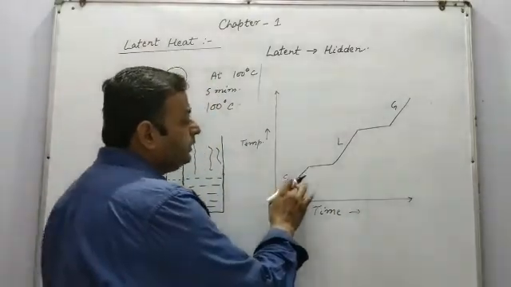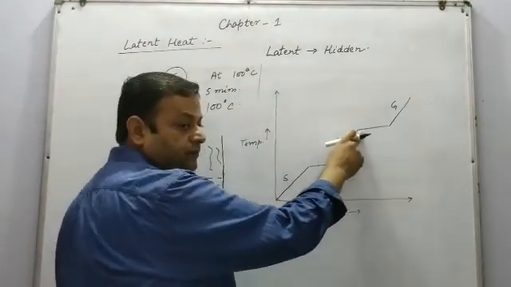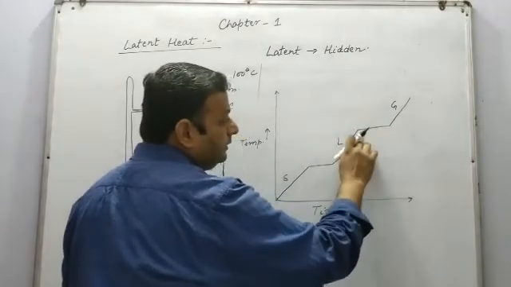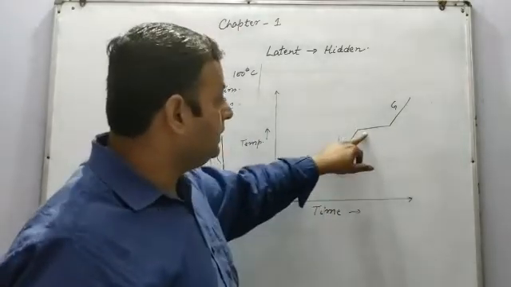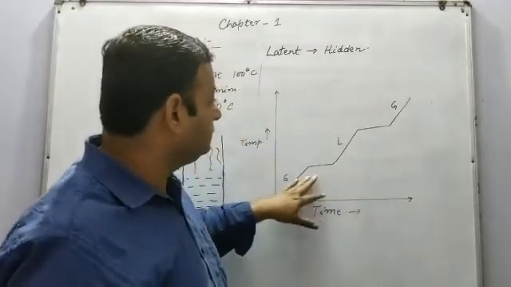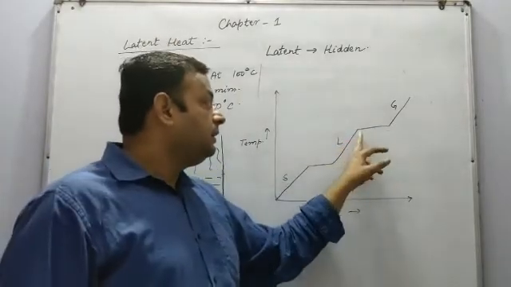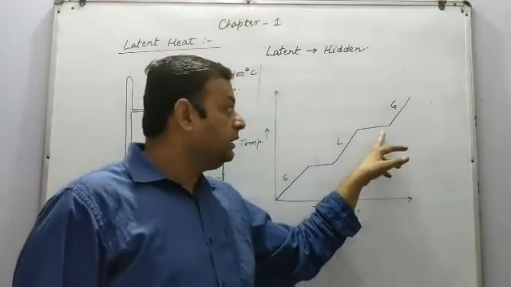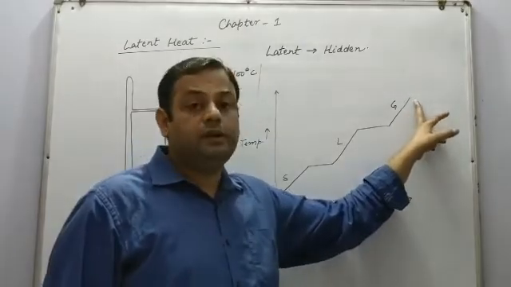Similarly, when all the solid get converted into the liquid state, the temperature keeps on increasing, and at this juncture we see that the line becomes again parallel to the horizontal x-axis, and this line represents the interconversion of the state between liquid into gas, and when all the liquid get converted into the gaseous state, again the temperature keeps on increasing.